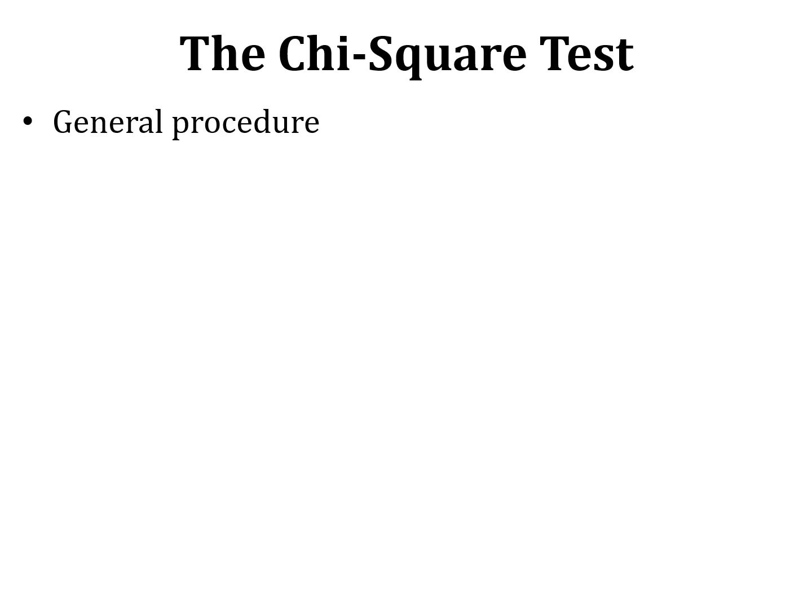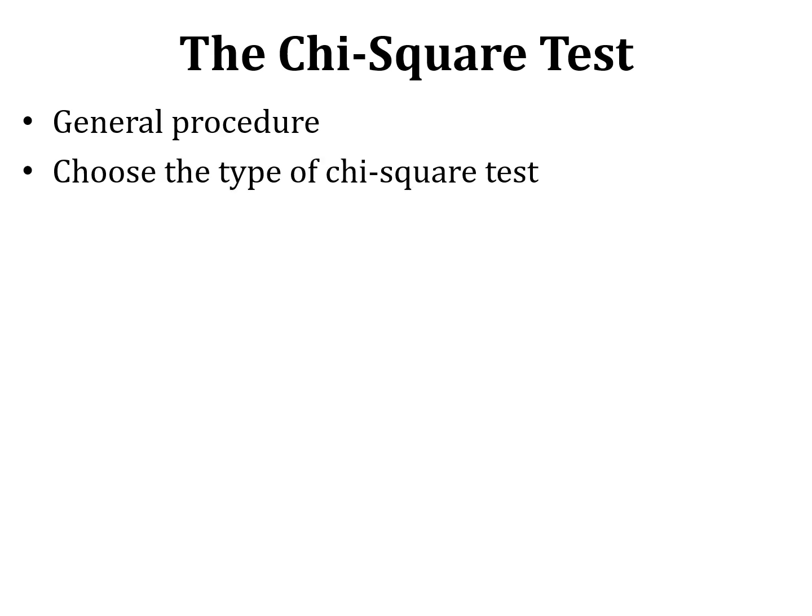The general procedure in any kind of chi-square test is that, whenever you have your observations, you first have to choose the type of chi-square test on the basis of your experiment, what kind of experiment you are doing and what your experimental hypothesis is.